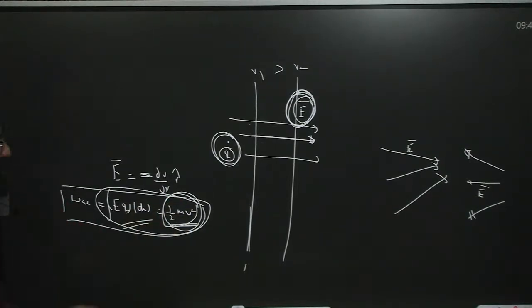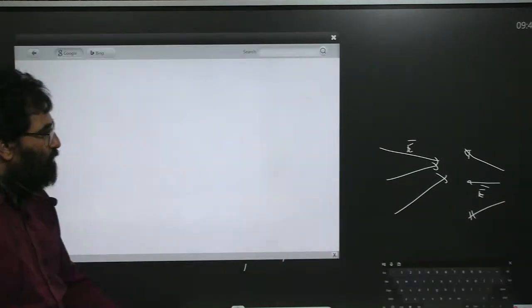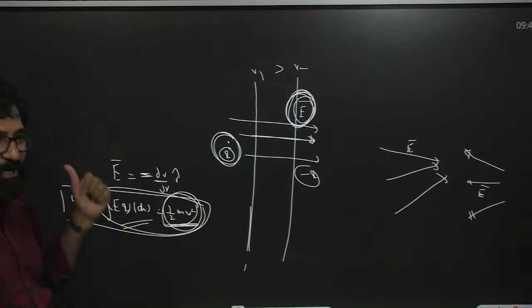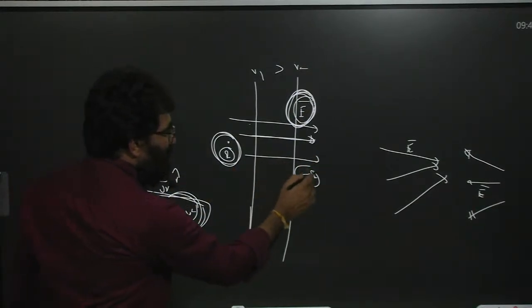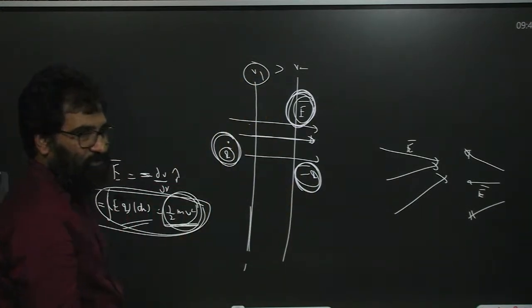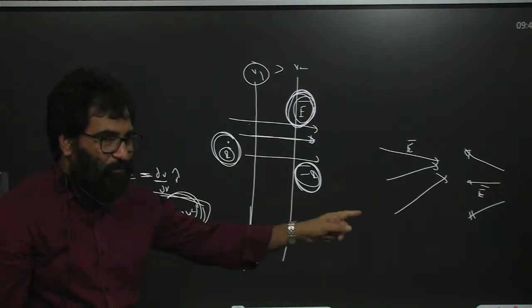So if I am releasing a negative charged particle, what happens? A negative charged particle always moves against the electric field. So negative charged particles move towards increasing potential. Positive charged particles always move in the direction of decreasing potential.